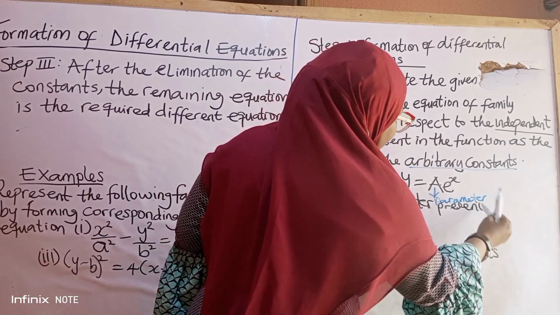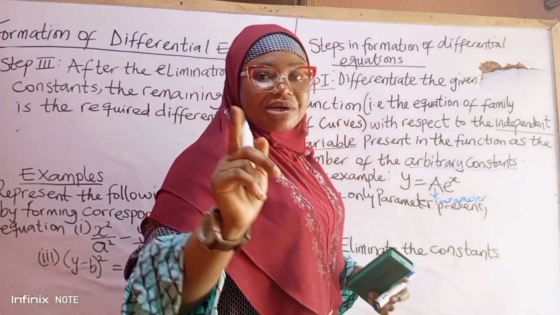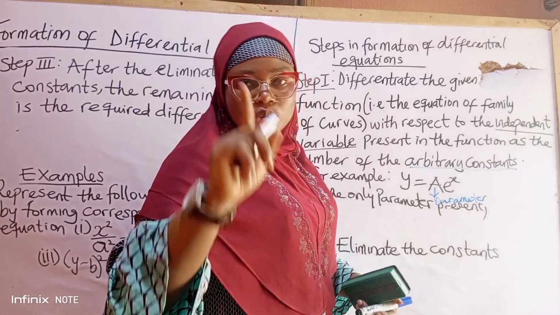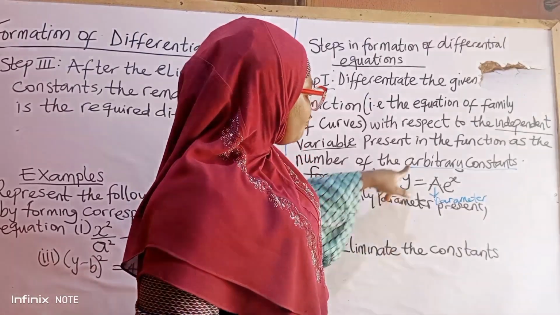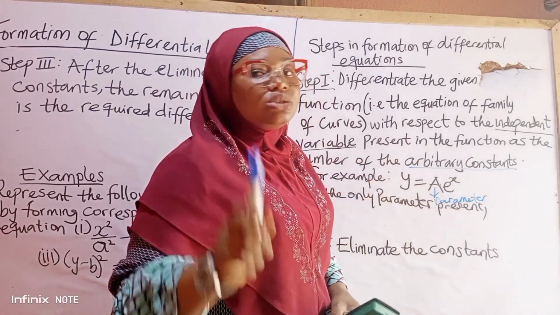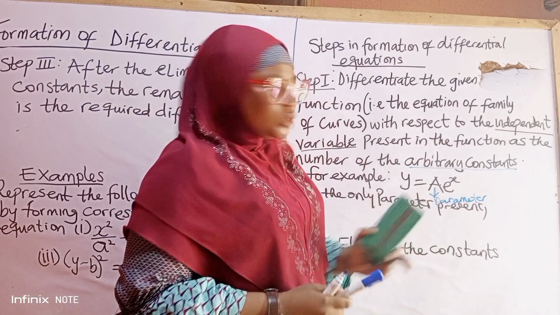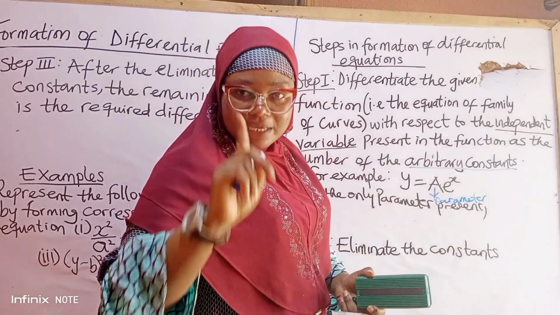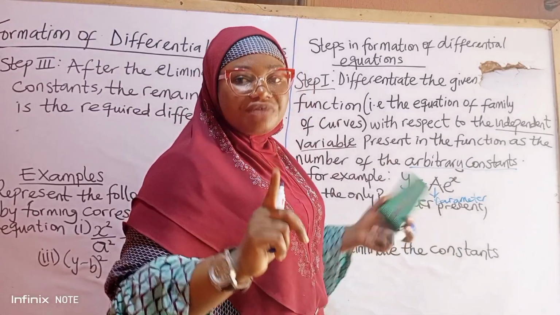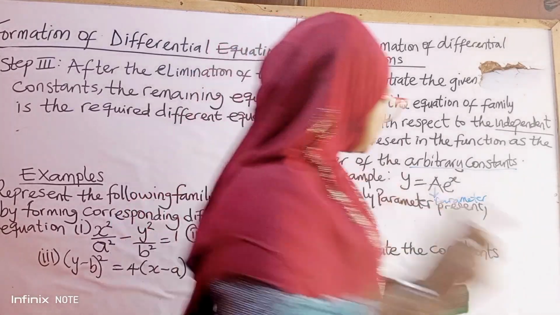So since a is the only parameter present here, we are going to differentiate it once. How many times? Once. So the number of the arbitrary constants determines how many times we are going to differentiate the given function. Since we have just one constant, which is a, we are going to differentiate this just once.